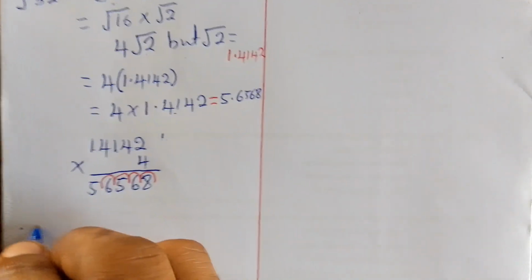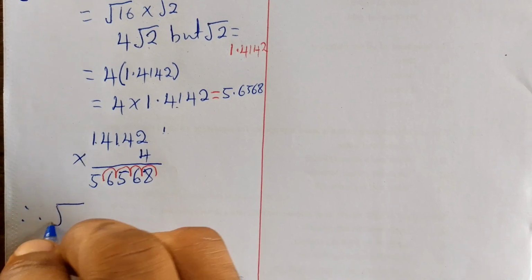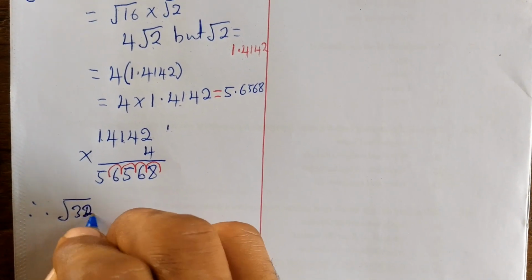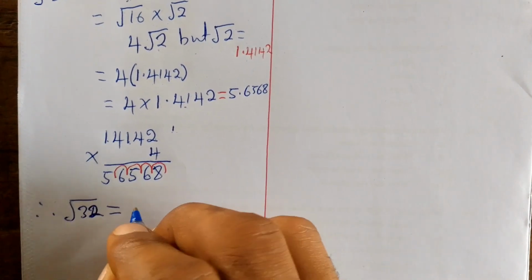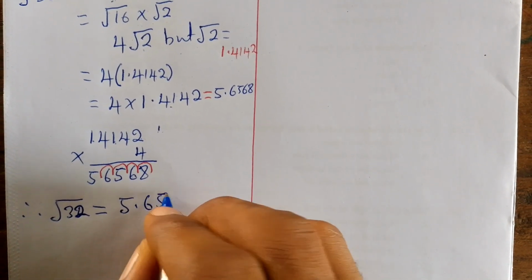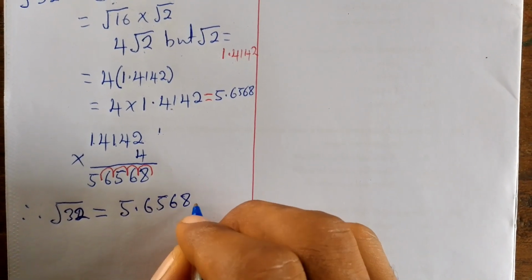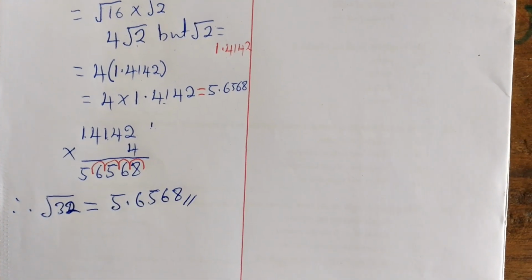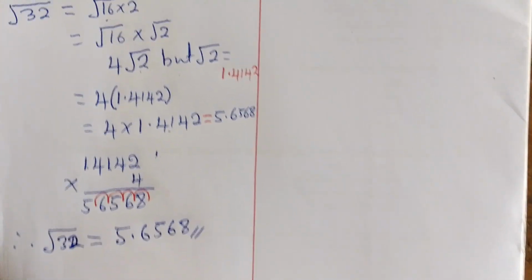So therefore, root 32 is equal to 5.6568. Very simple.